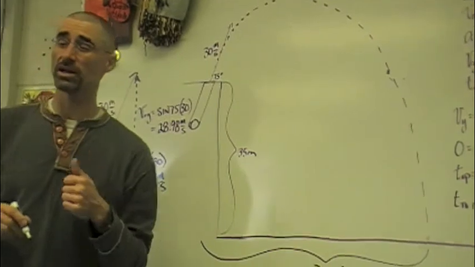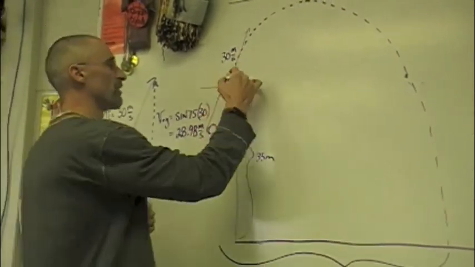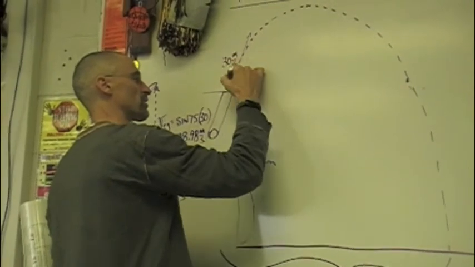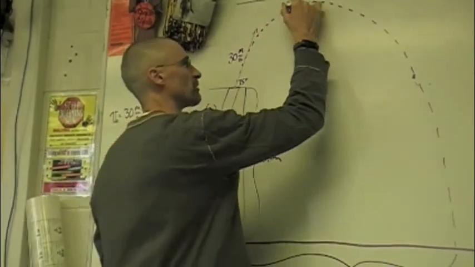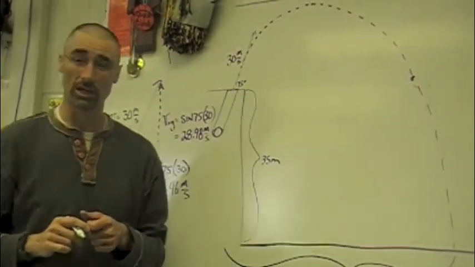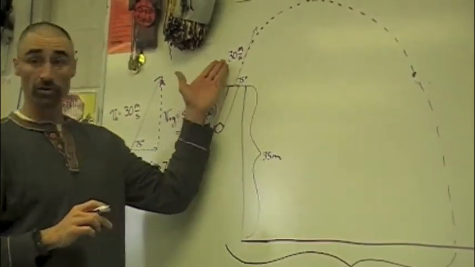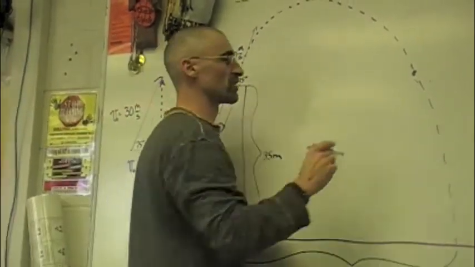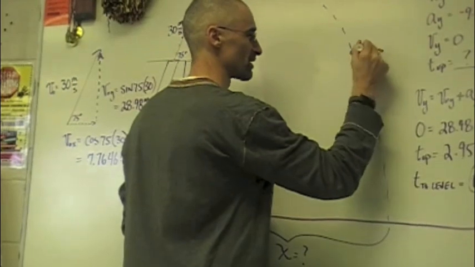Now I need everybody to listen here because this is important. If I shoot this up at 75 degrees at 30 meters per second, when it comes up and comes down over to that exact point, how fast should it be going? Should it still be going 30 meters per second? The only thing that's different is that the X component should still be the same.